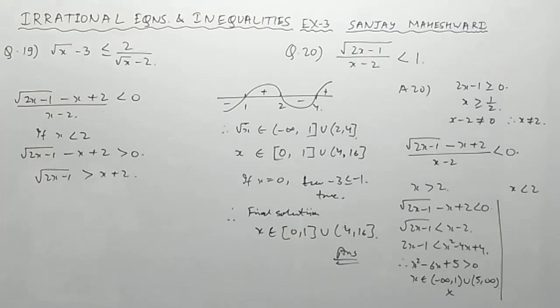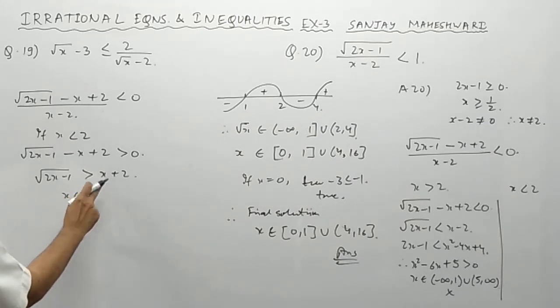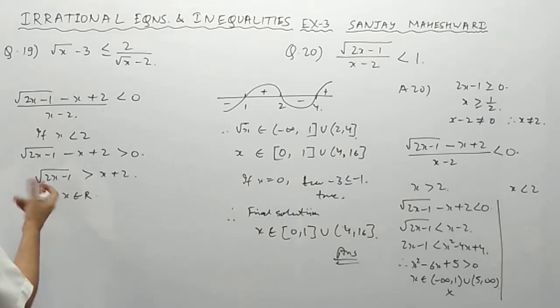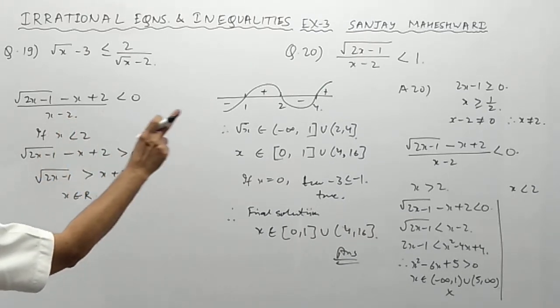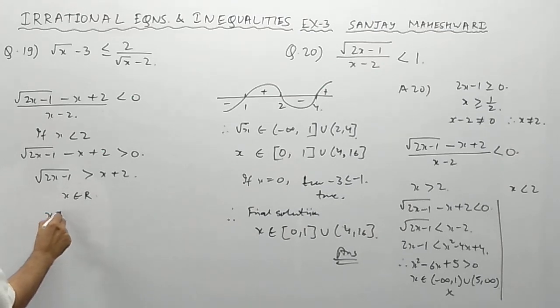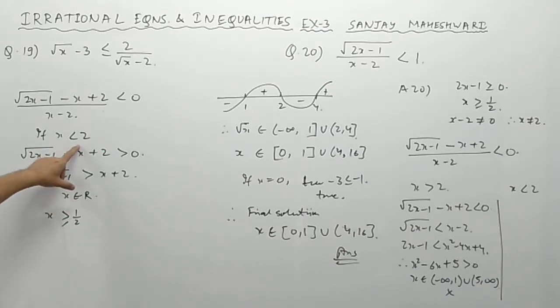If x is less than 2, then we can see that x belongs to R, it is always true, no problem. But there is a restriction on x. The restriction on x is that it is greater than or equal to 1 by 2. So this is true over here, no problem. But under the condition 1 by 2 to 2, and if x is greater than 2, then x belongs to 5 to infinity.